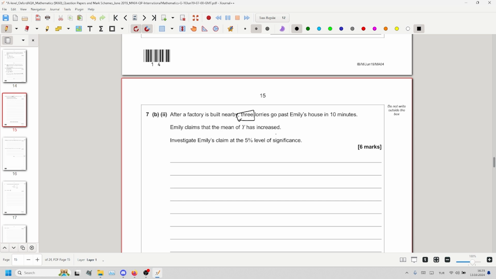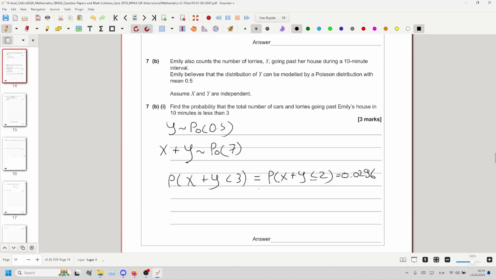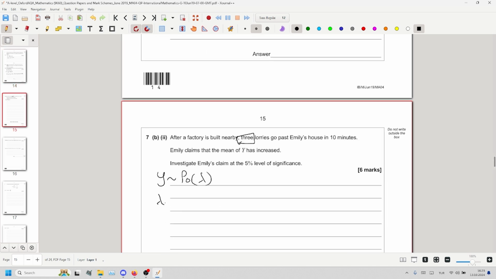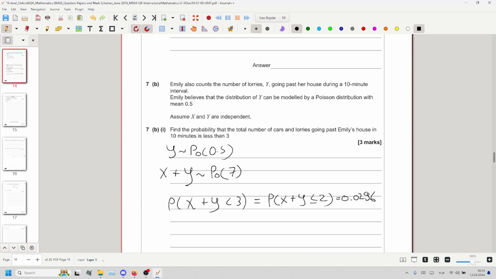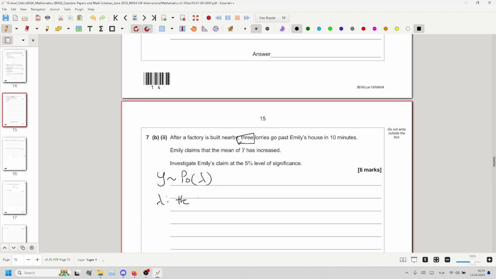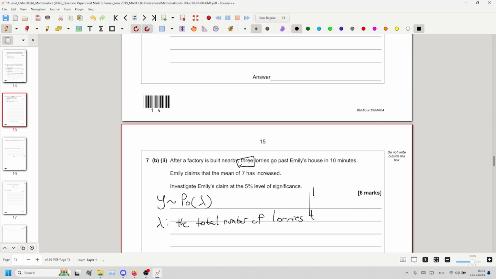All right, so here we're going to be doing a Poisson distribution with our value of Y, which is Poisson distributed with lambda, where lambda is the total number of lorries that go past Emily's house in 10 minutes.